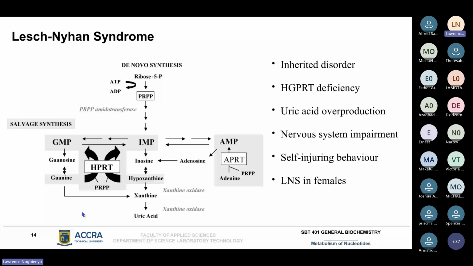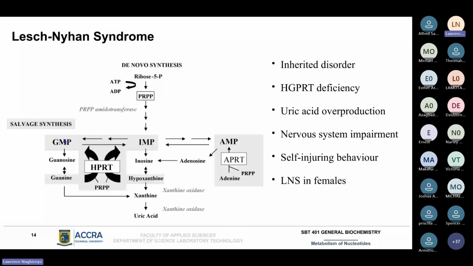So what you see, that enzyme, the hypoxanthine phosphoribosyl transferase, or the hypoxanthine guanine phosphoribosyl transferase, referring to the same thing, HPRT or HGPRT.